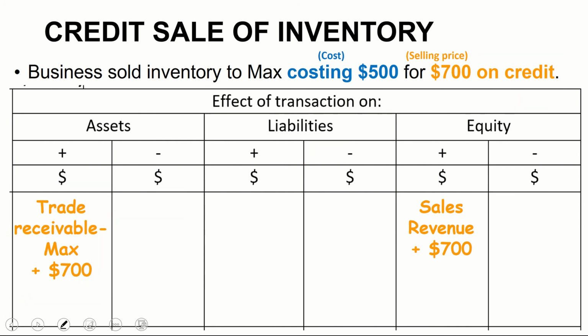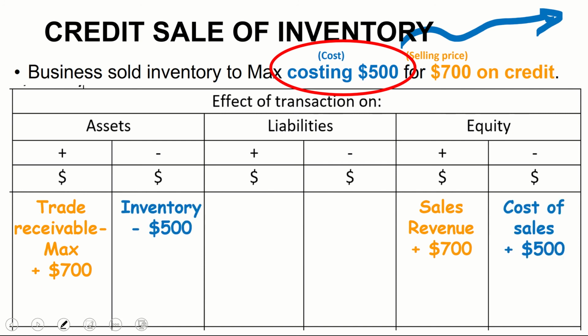The other section, the cost of sales, is not very different. So we are going to record the cost of sales now. This $500 left the business, so you will record inventory minus 500 because the inventory left with the customer.